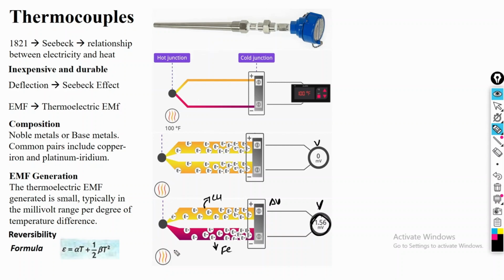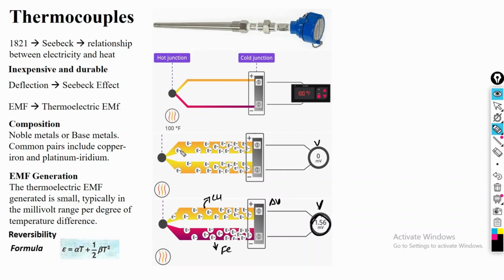Here, due to heat, these electrons feel a push, which leads to an electromotive force, and that electromotive force is called thermoelectric electromotive force, thermoelectric EMF. This effect of producing voltage from heat is called the Seebeck effect.